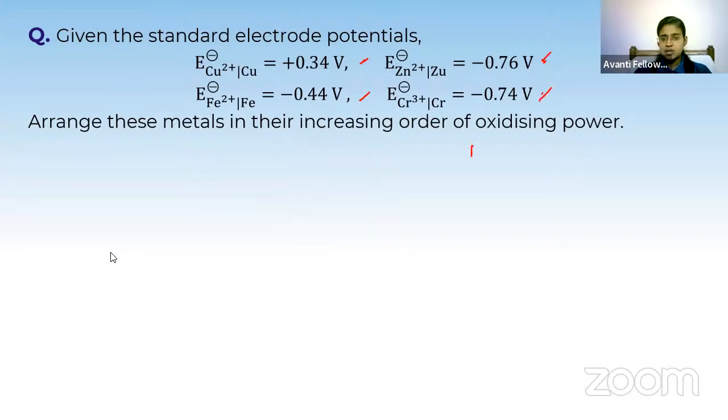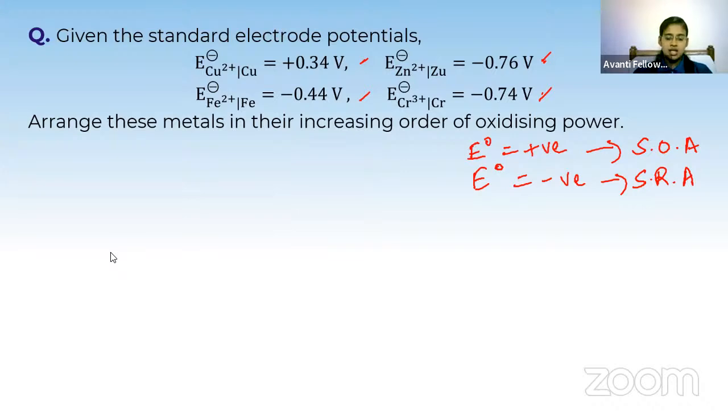If the E naught value is positive, then it is a strong oxidizing agent. If the E naught value is negative, then it is a strong reducing agent. Please use this concept and find out the correct order. We have copper, iron, zinc, and chromium.